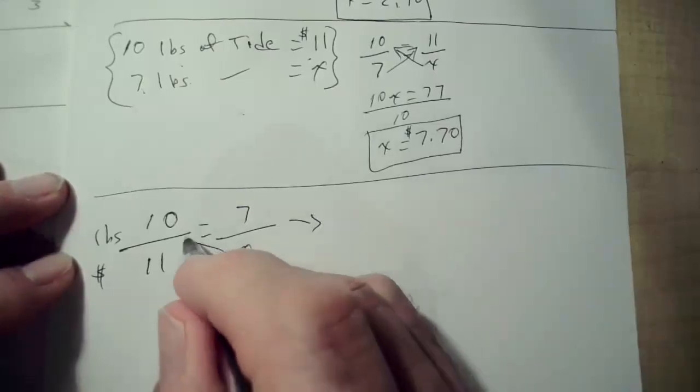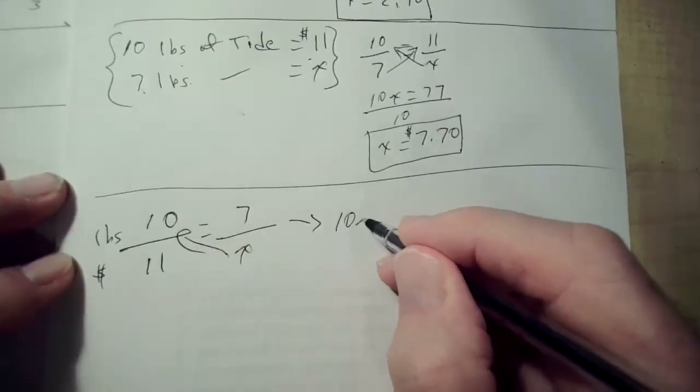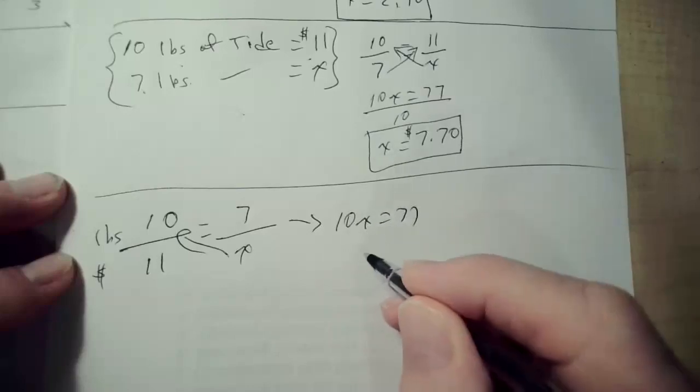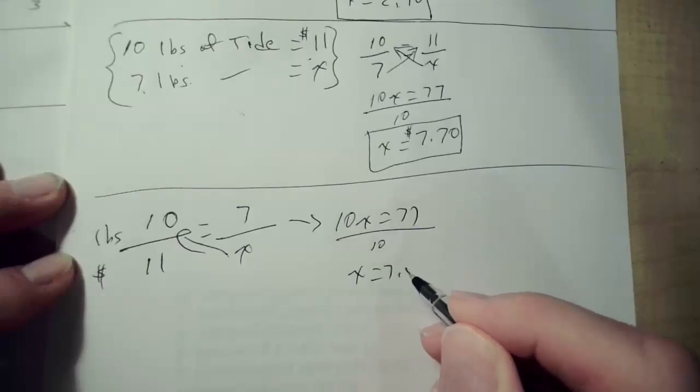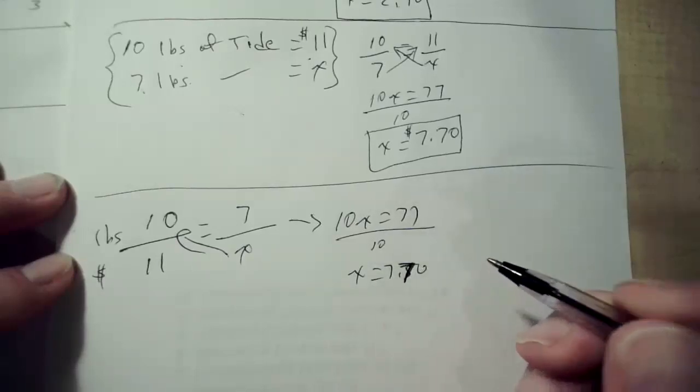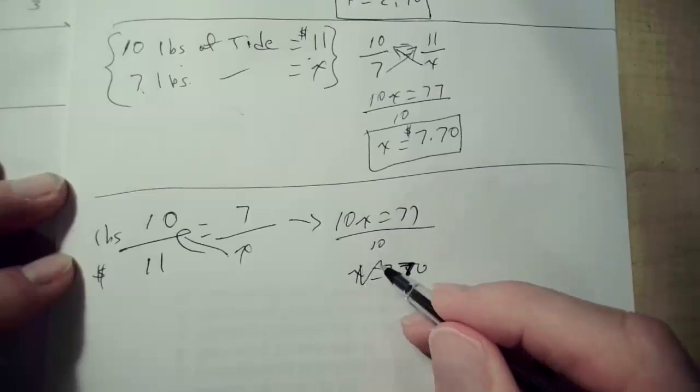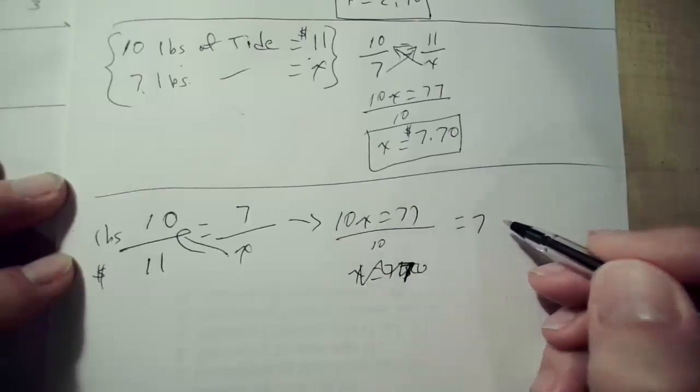So we cross multiply, we get 10x equals 77, divide by 10, x is 7.70.